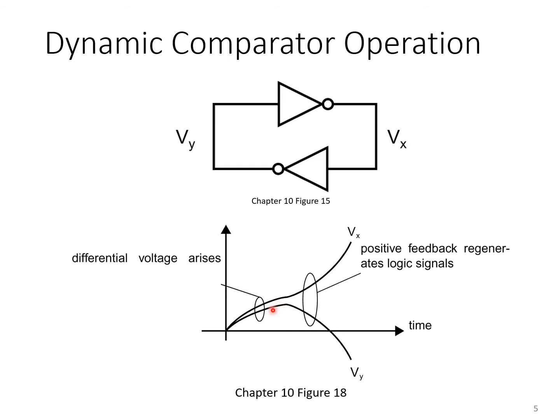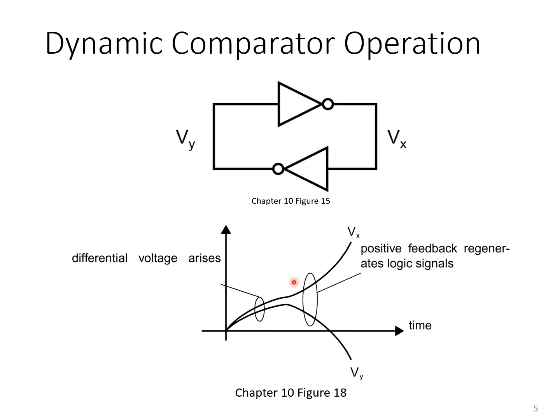Now that differential voltage will grow slowly at first until such time as the differential currents flowing into these two nodes due to the positive feedback network will start taking over, will become dominant.